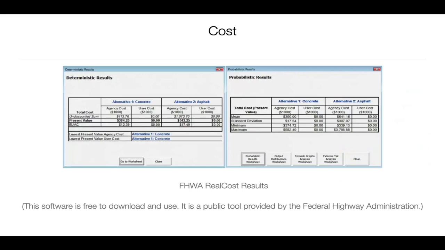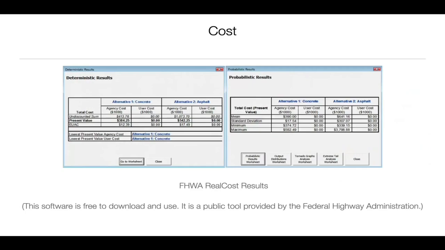And so you could see the difference in the deterministic and probabilistic results. So if you use concrete or asphalt, it's basically calculated at a set rate when you're doing deterministic, and then the probabilistic results when doing concrete versus asphalt, it's going to be calculated using a rate due to inflation and material costs.